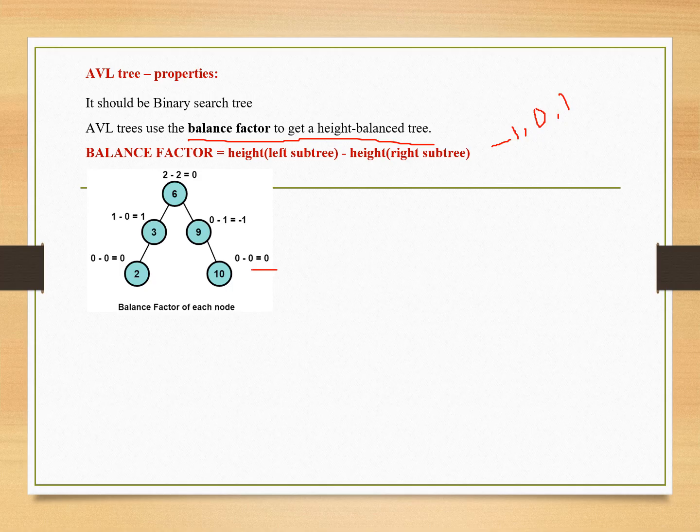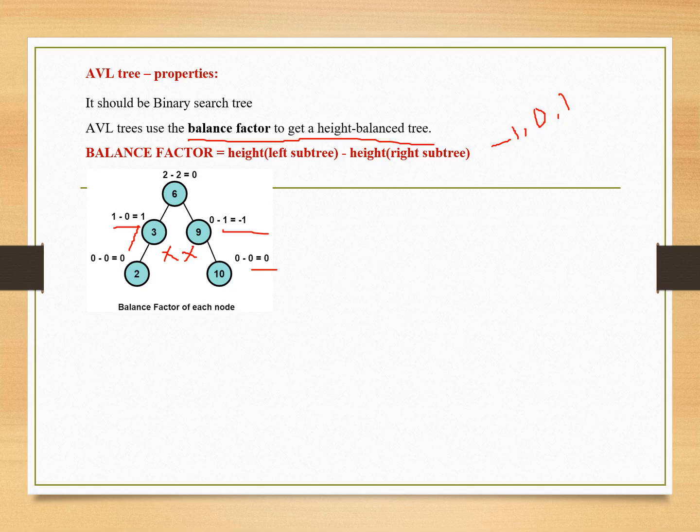Coming to 3, the height of the left subtree is 1 and there is no tree on the right hand side, so 1 minus 0 is 1. Coming to 9, there is nothing on the left hand side and you have only one node on the right hand side. So height of right subtree is 1 and height of left subtree is 0. 0 minus 1 is minus 1.